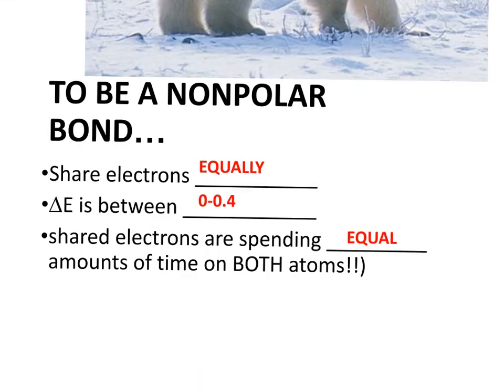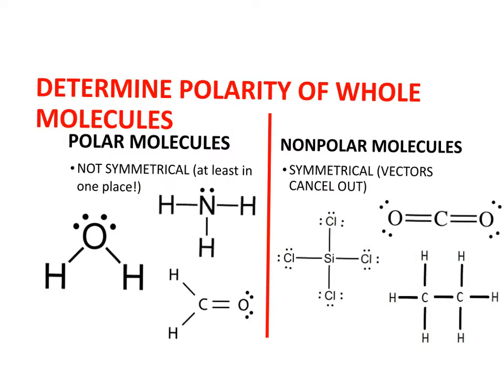To be a nonpolar bond, electrons must be shared equally. My delta E is between 0 and 0.4, and the shared electrons are spending equal amounts of time on both. There's not one more towards the other. You can also determine polarity of whole molecules just by looking at them. Polar, you're going to see unsymmetrical lines.